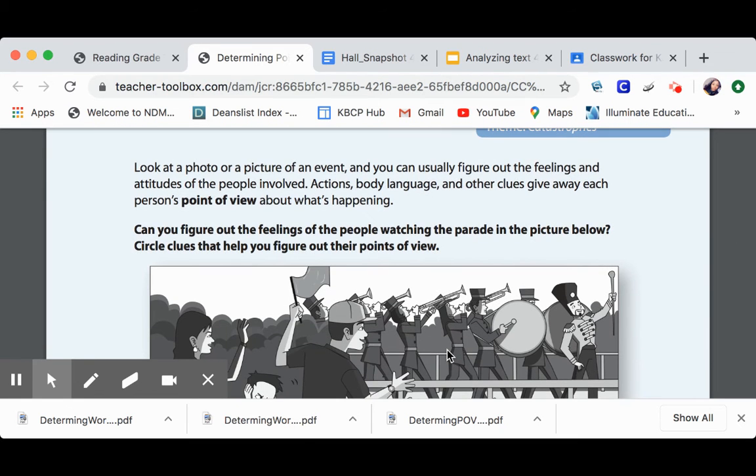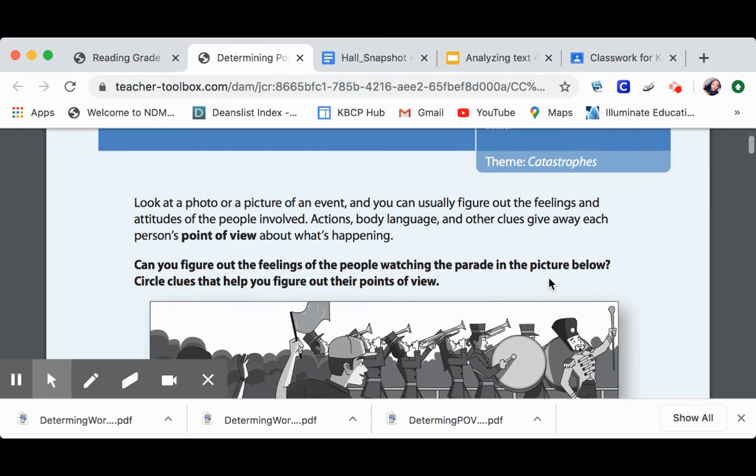I just want us to explore the ideas of point of view. When I say explore the ideas, it's not just what we're reading, but what we're seeing as well. As we look at this illustration, it's going to help us recognize different clues of point of view, okay?